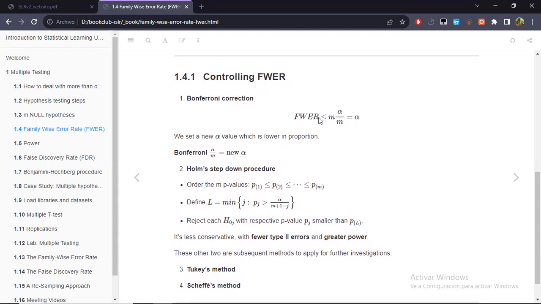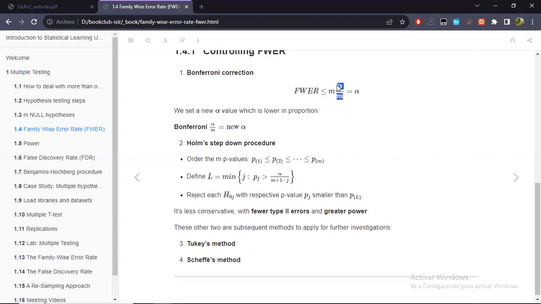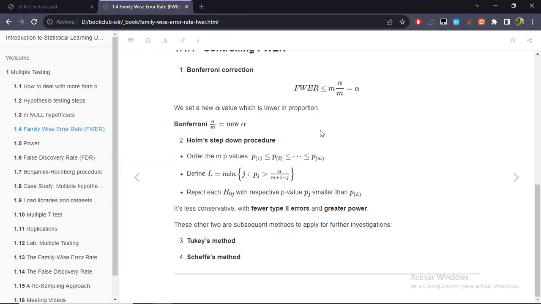So we are making the probability of at least one false positive smaller than alpha, simply by rescaling the alpha of our individual testing, dividing by the total amount of tests. And as I mentioned before, we are not making assumptions about the independence of the tests or about the null distributions and such.